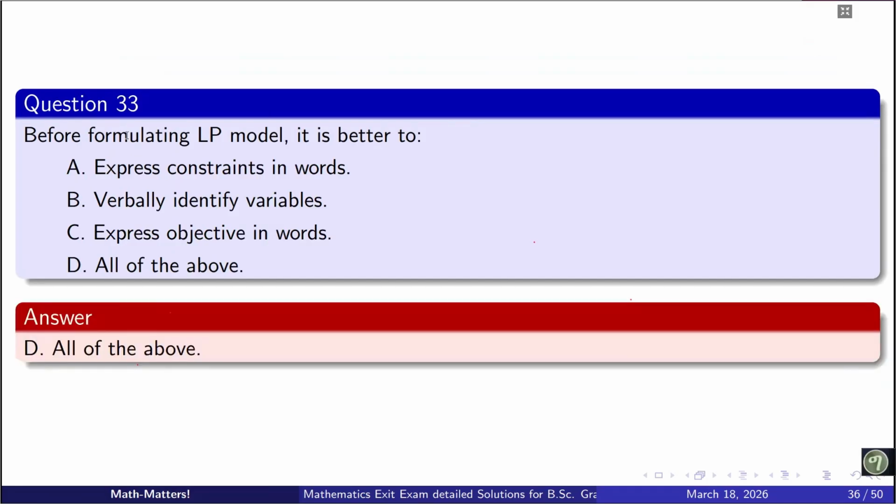Just as a definition, before formulating a linear programming model, it's better to express the constraints in words, that is which constraints and how many constraints we are using, verbally identify the variables, and express the objective in words. All these three are very fundamental to formulating a linear programming model. So all of the above could be the answer for this question.